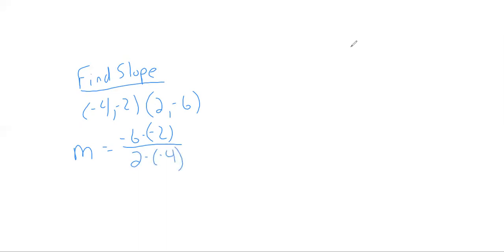Well, that's -6 plus 2, which is -4, and that's 2 plus 2, which is 6. Reduce and you get -2/3. There's your slope.